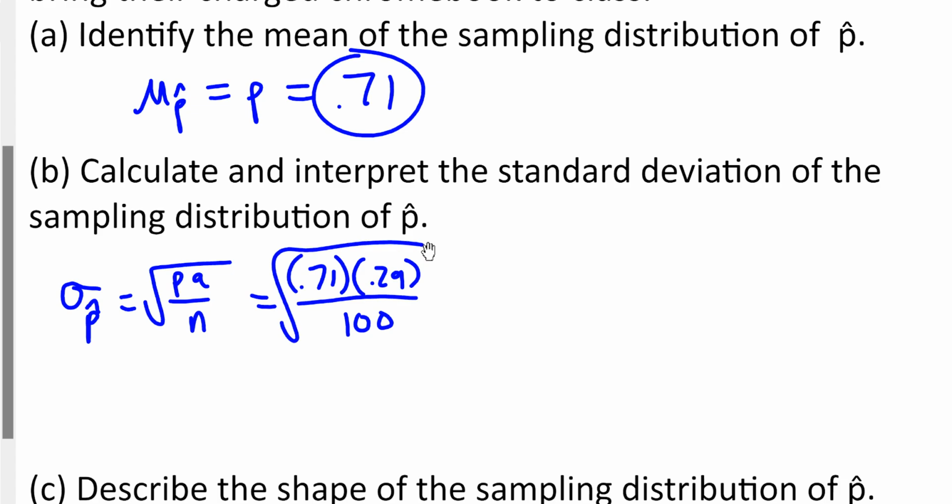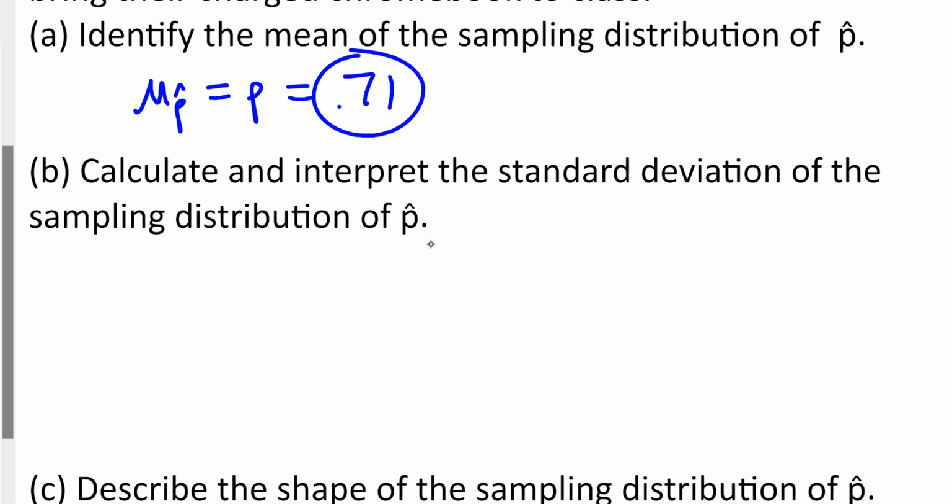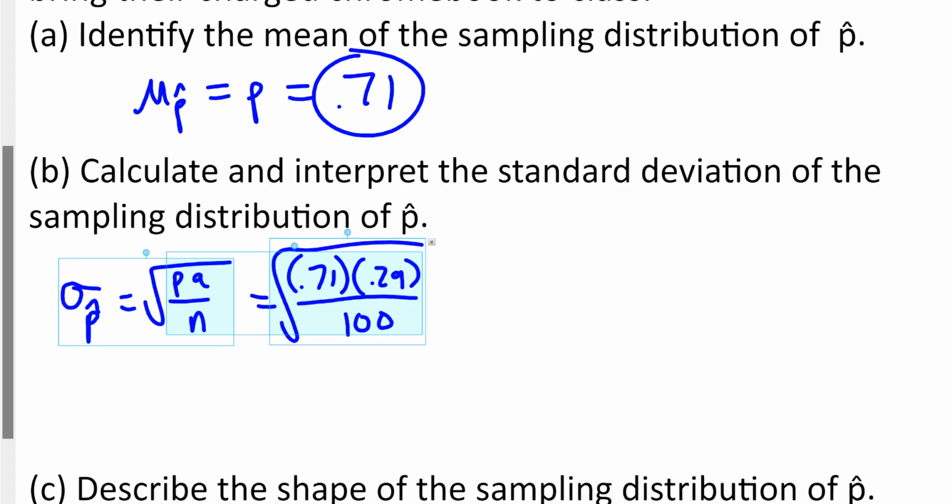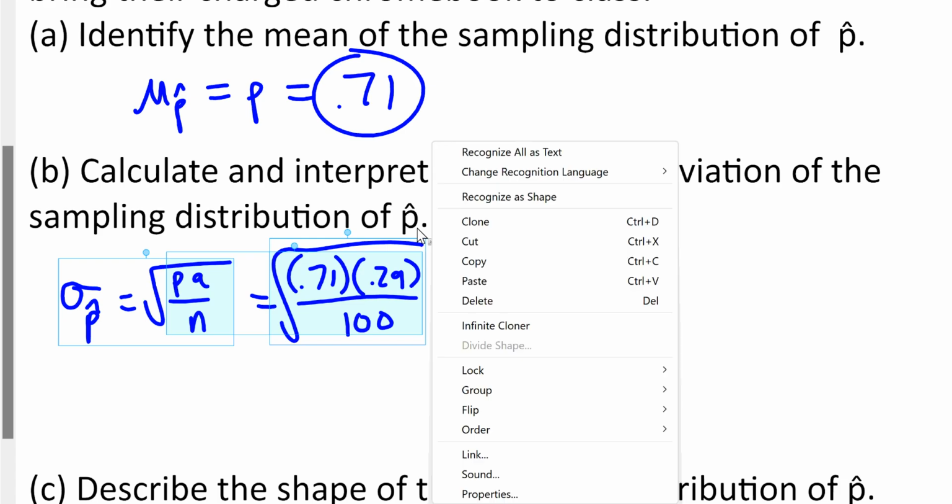Okay? Backtrack. Can I even find this? What's the other thing we have to make sure we have before we can actually find this standard deviation? We have to be able to tell if it's independent or not. So let's not forget to do that.